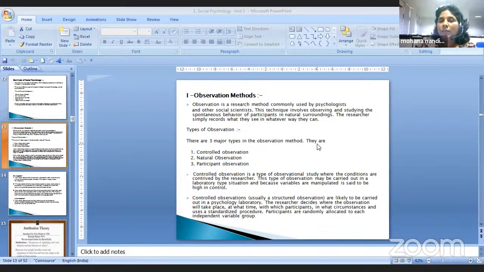We can address the reasons he is behaving like this. In observation methods, the major things we use are controlled observation, natural observation, and participant observation.